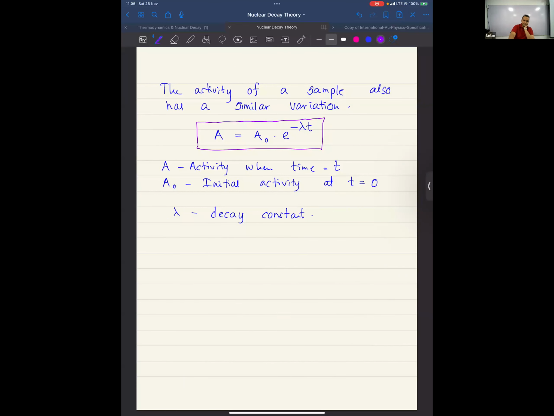Take down this equation: A equals A naught e to the power minus lambda t, where A is the activity at time t, A naught is the initial activity at t equals 0, and lambda is once again the decay constant.